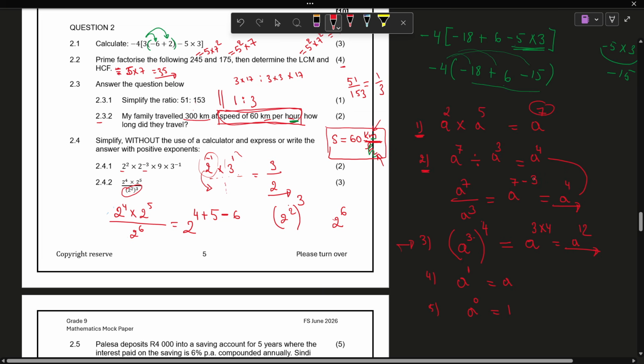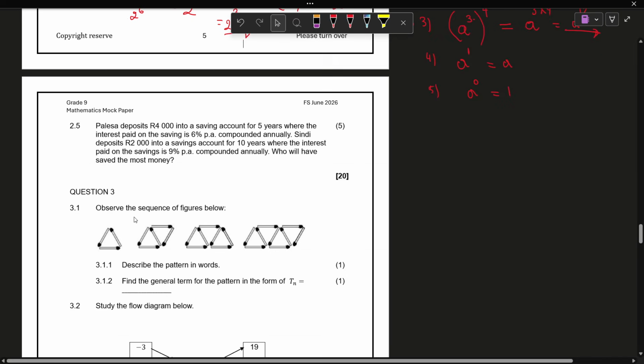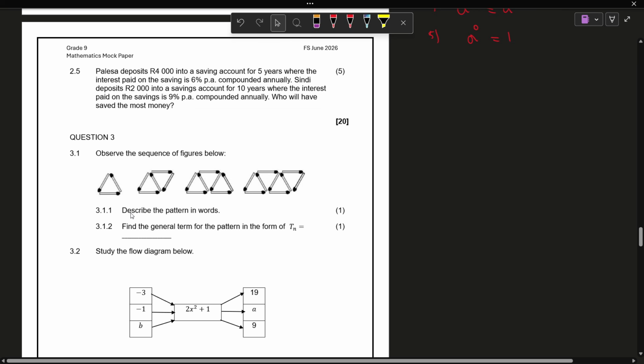That's what we found here, right? The 6 subtract. That is all. So the final answer would be 2 exponent, this will be 9 minus 6, which is 3. So this is the final answer, right? So we found that. Let's just go quickly.